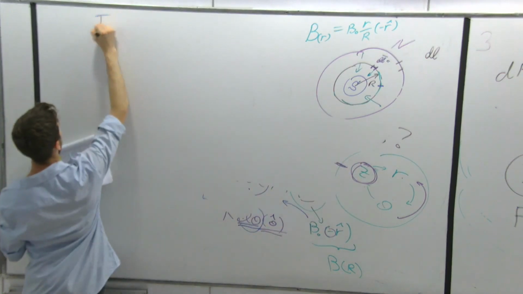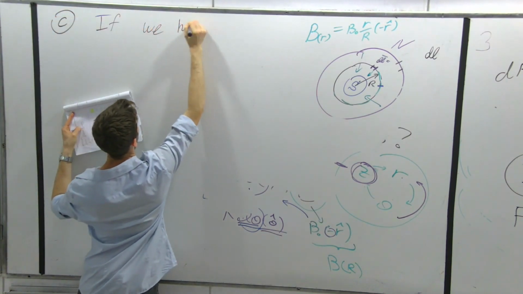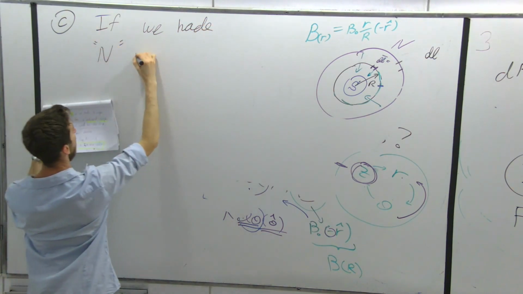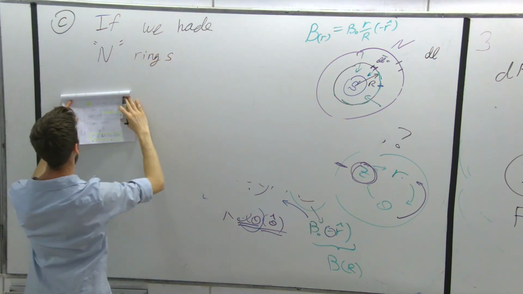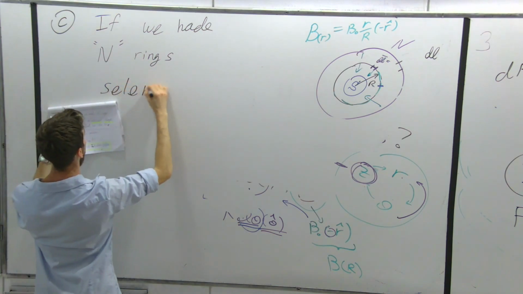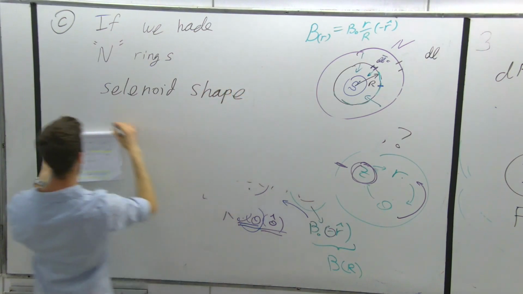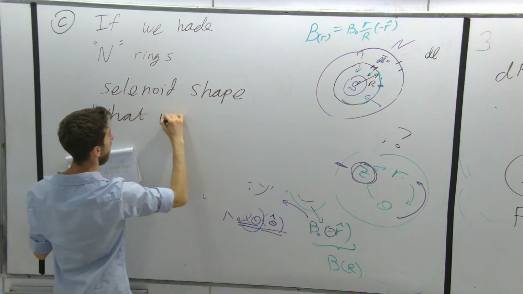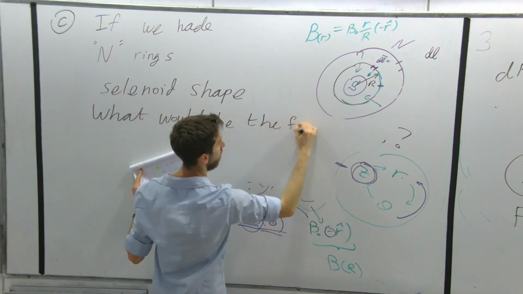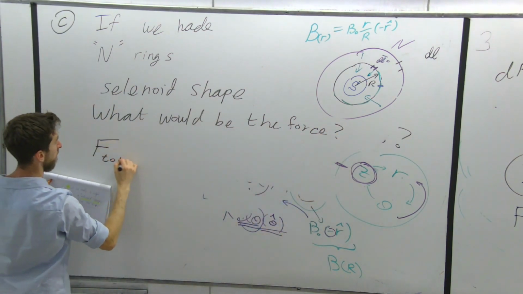If we had n rings, which means we have a solenoid shape, what would be the force on the wire? So F total equals what?